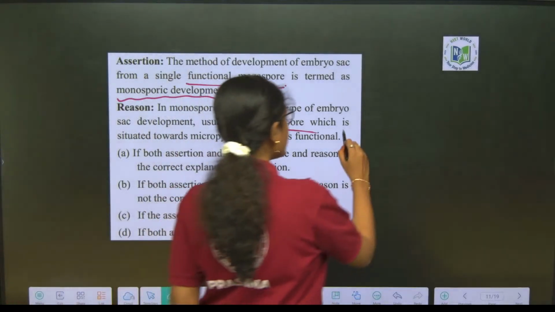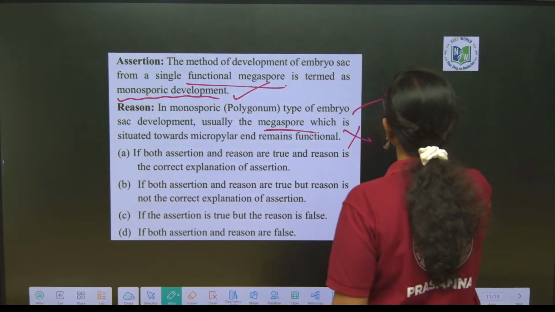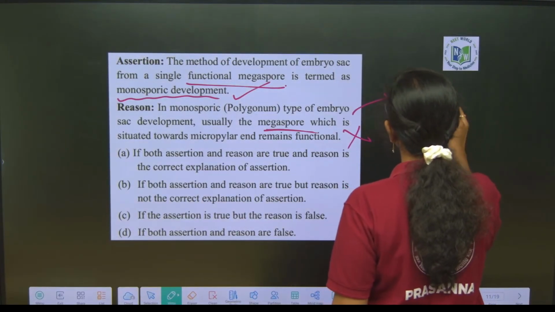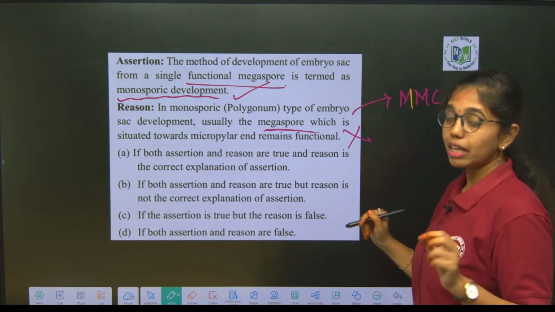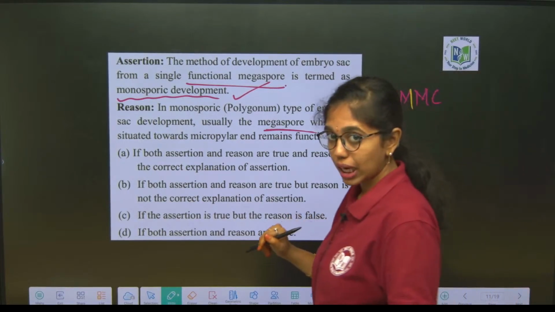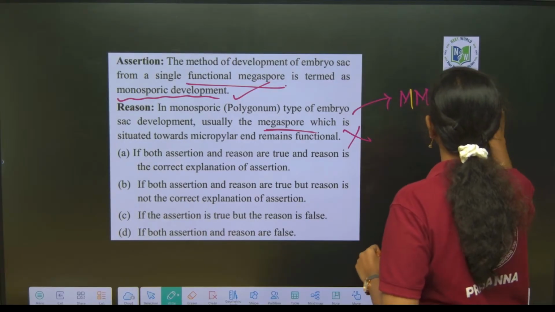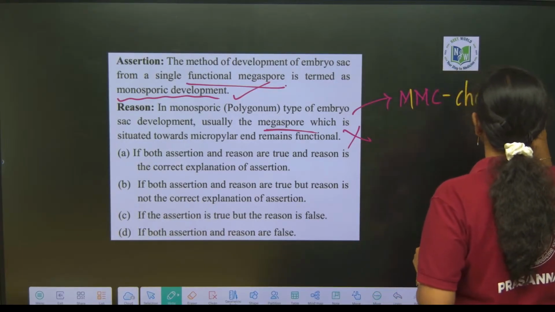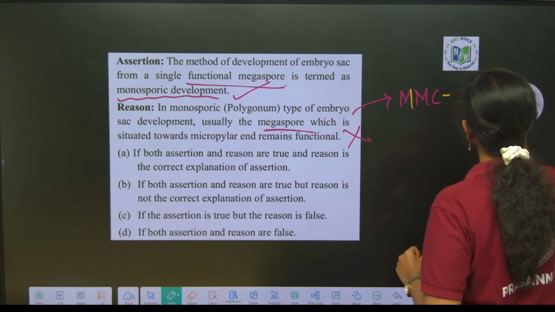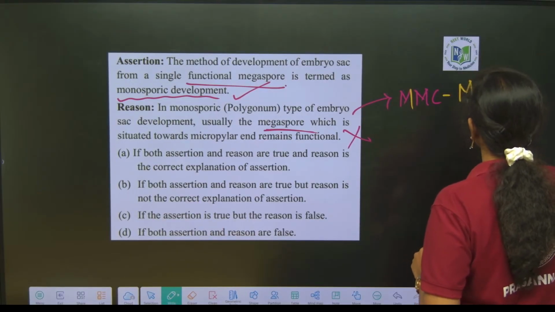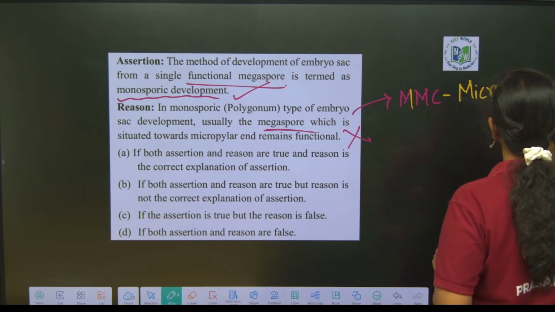Wrong. Always remember, the megaspore mother cell, which is differentiated from the nucellus, is formed at the micropylar end.